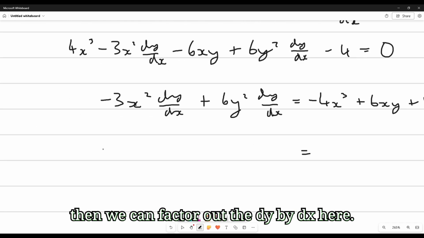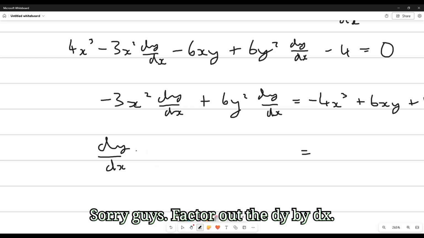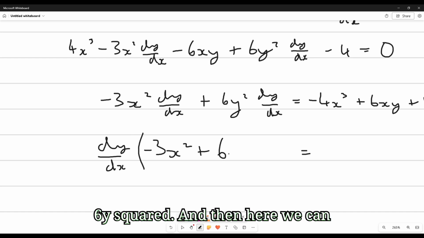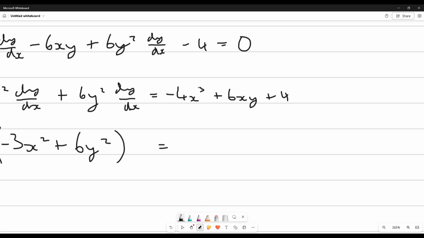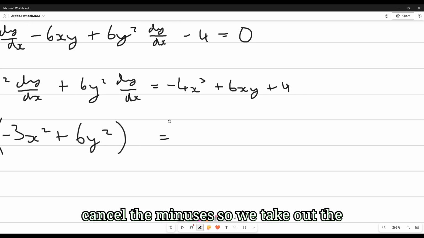And then we can factor out the dy by dx here. Sorry guys. Yeah, factor out the dy by dx, so we have minus 3x squared plus 6y squared. And then here we could factor out 2 or minus 2 to see if we can cancel the minuses.